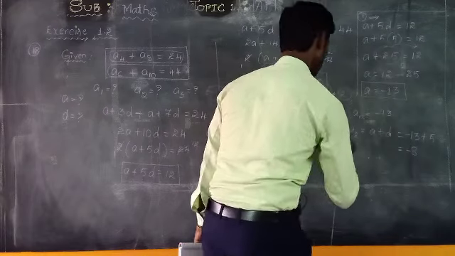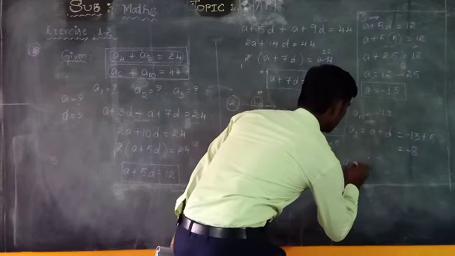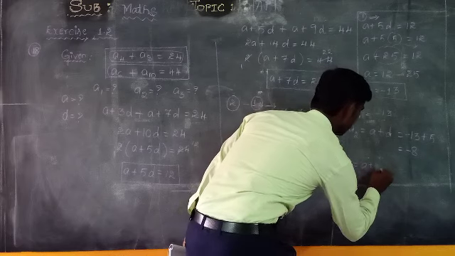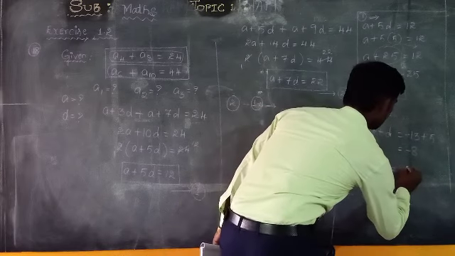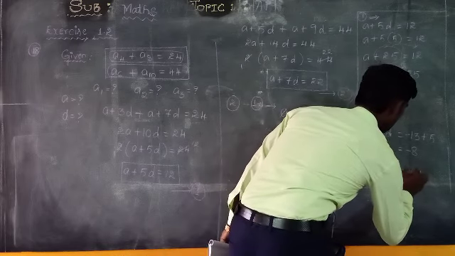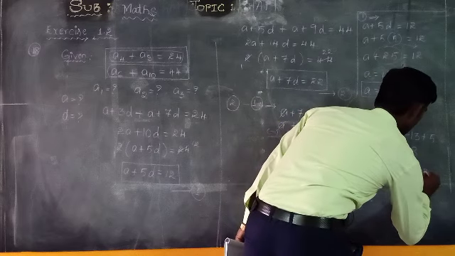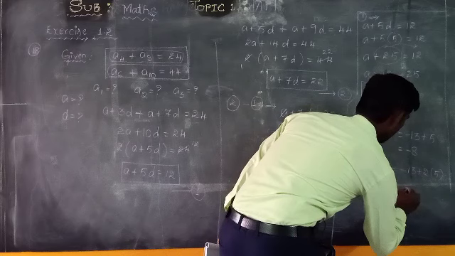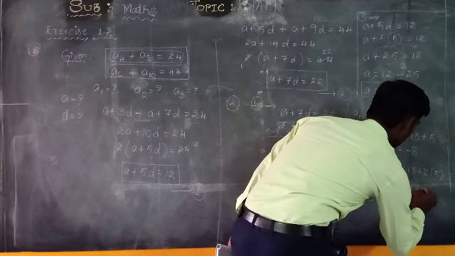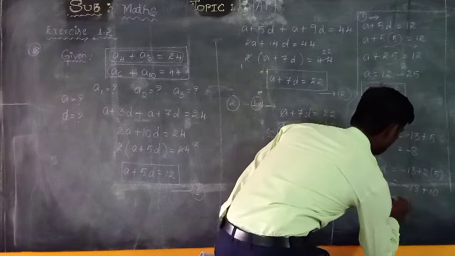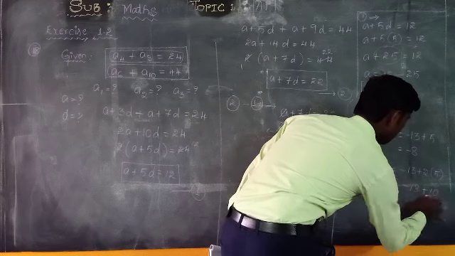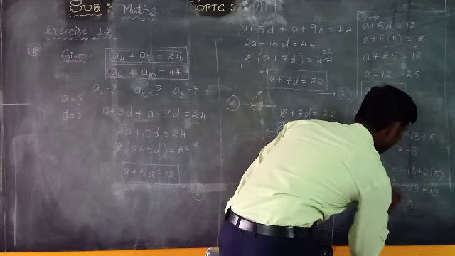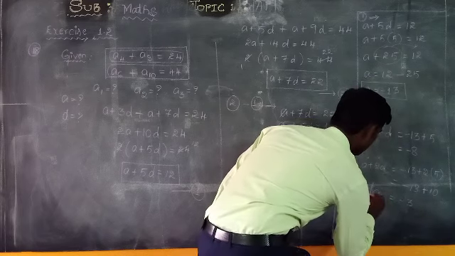Again A3 equals A plus 2D, that is minus 13 plus 2 times 5, which is minus 13 plus 10, becoming minus 3. That is A3.